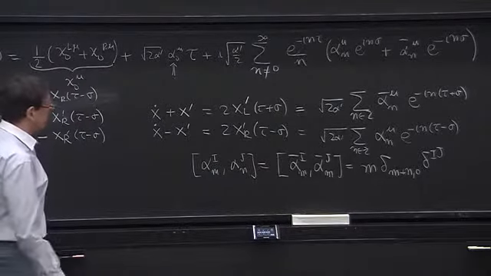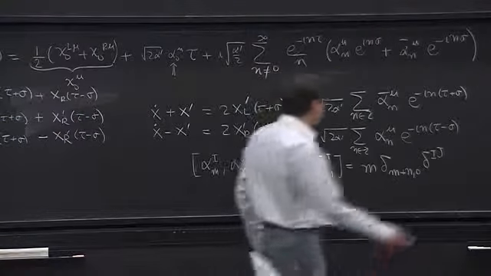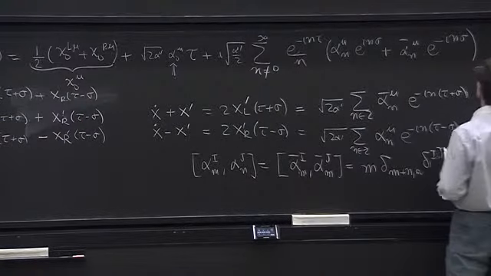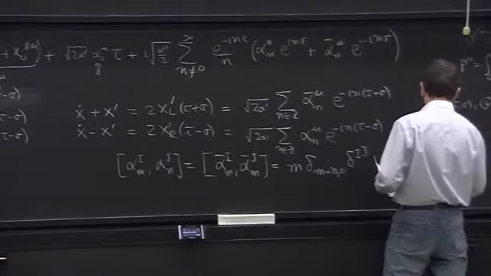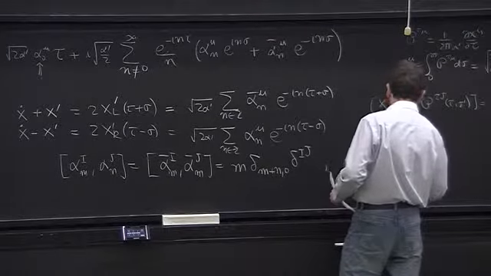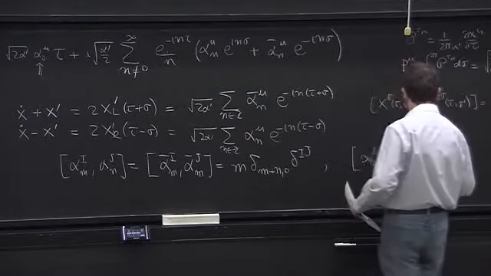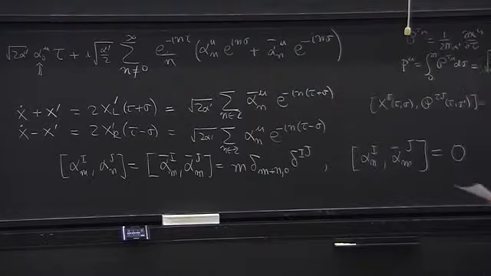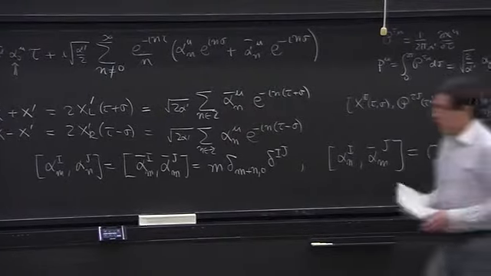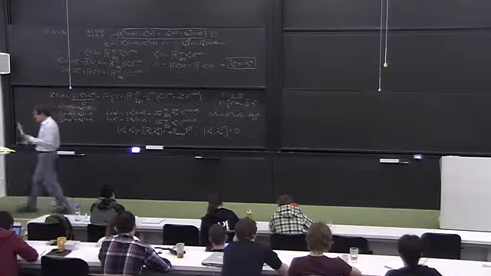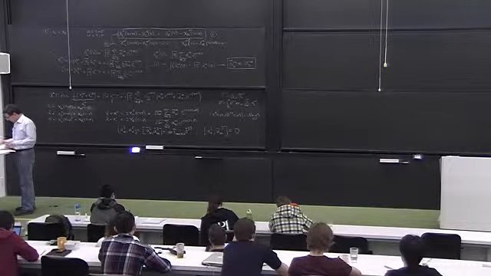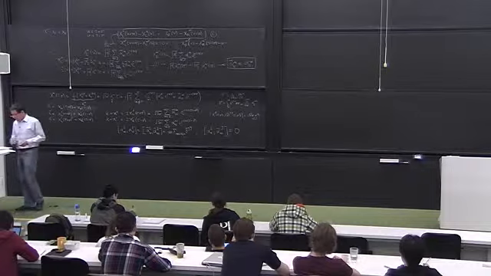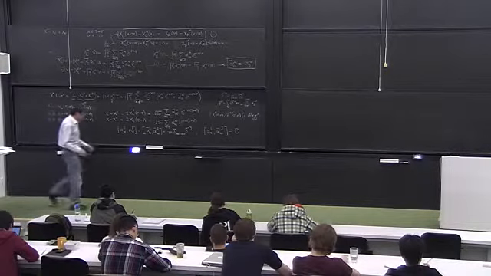The formulas are identical. And as we said, the ones commute with the others. So alpha n i with alpha m bar j is equal to 0. So we're in good shape.